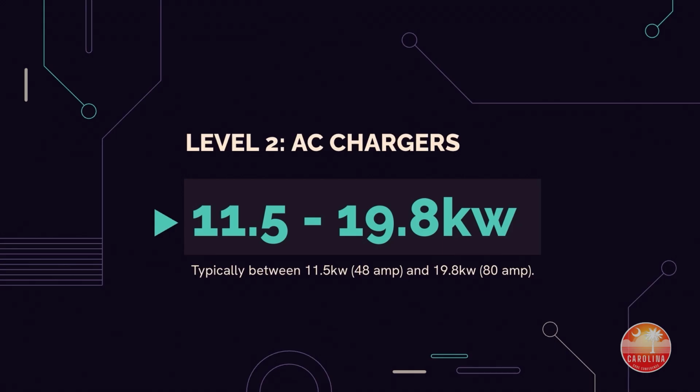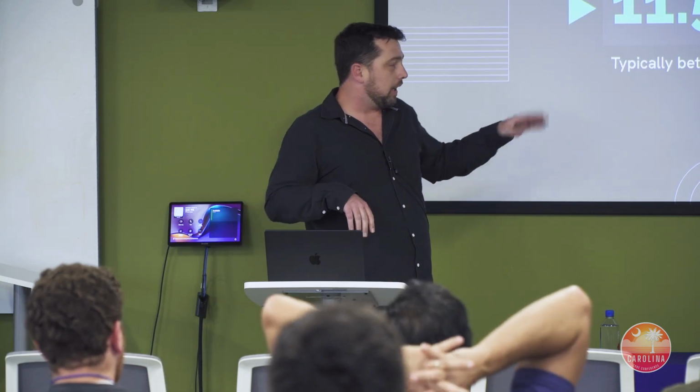Next most common when it comes to dedicated hardware for chargers, this is the most common type of charger, is AC. They typically vary in power between 11.5 and 19.8 kilowatts, and I put the amps there because it's typically 48 or 80 amps.